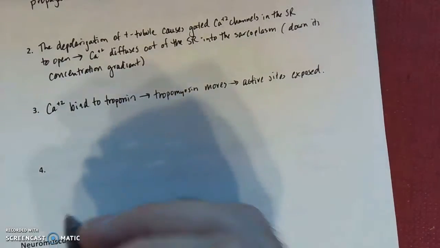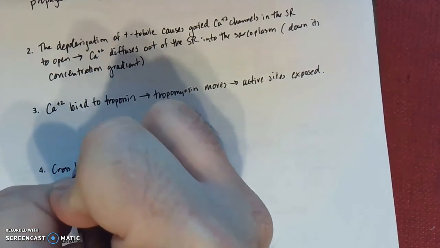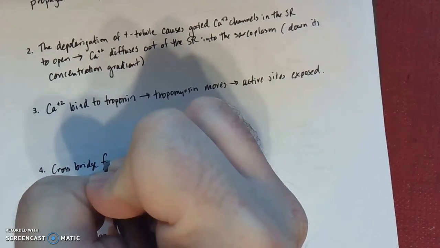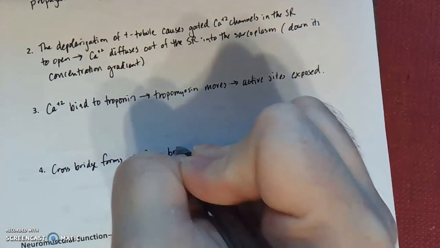And then 4, a cross bridge forms. And then we go through the cross bridge cycle.